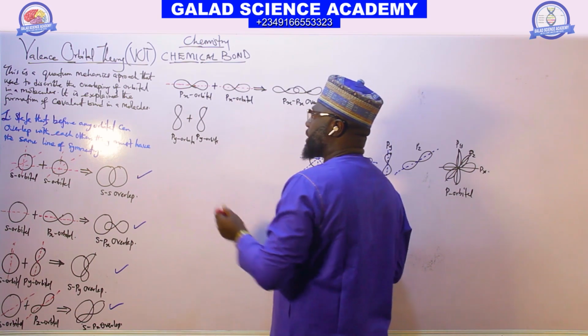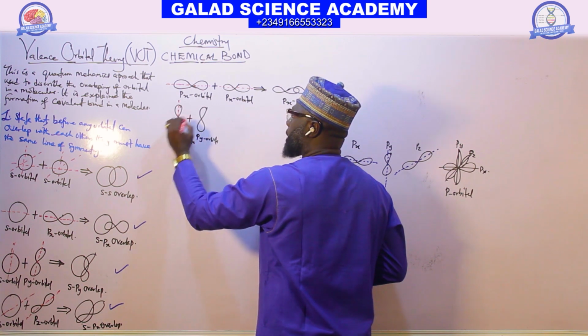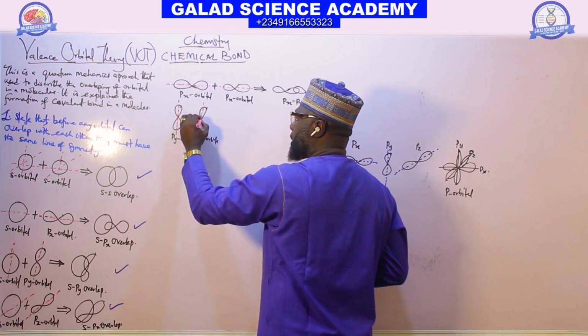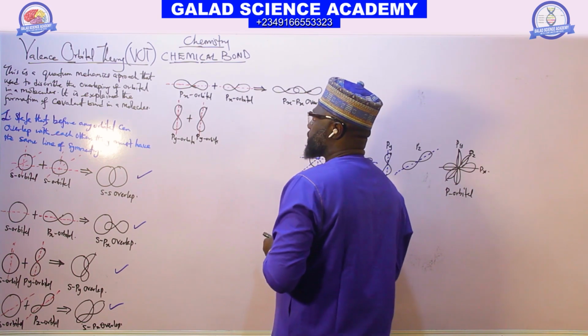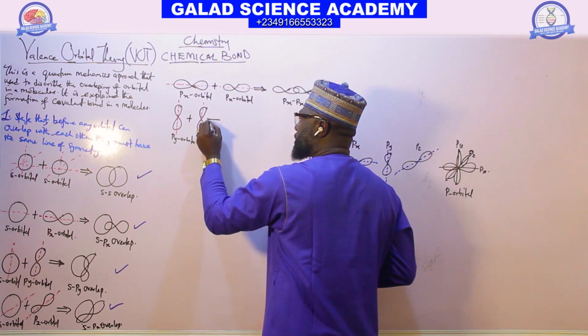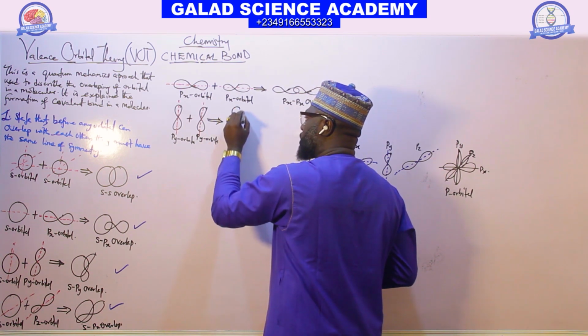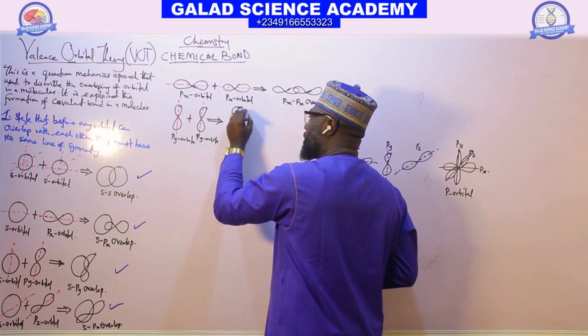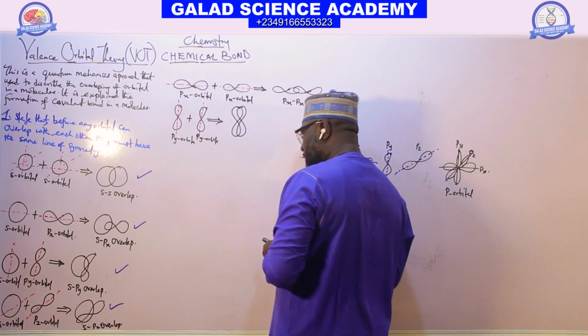Check the overlapping here. So the two of them can overlap in this form because they have the same line of symmetry.